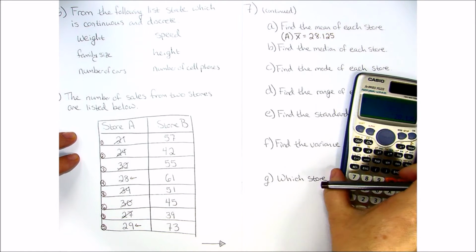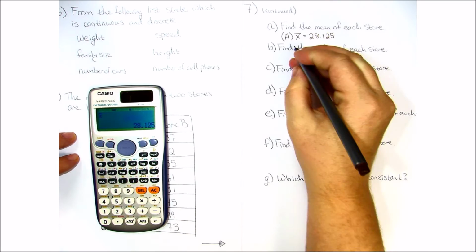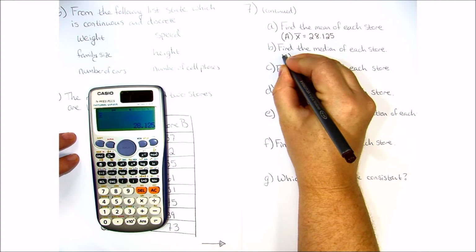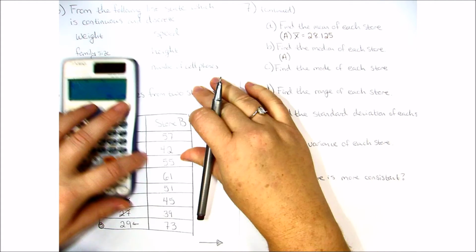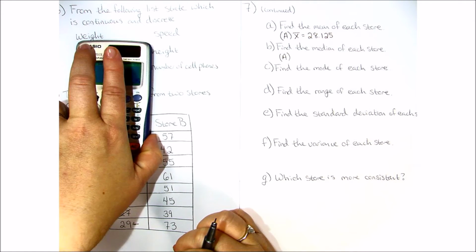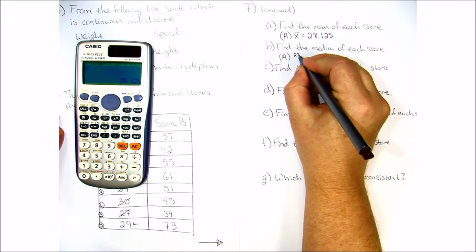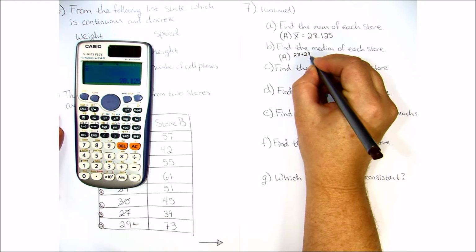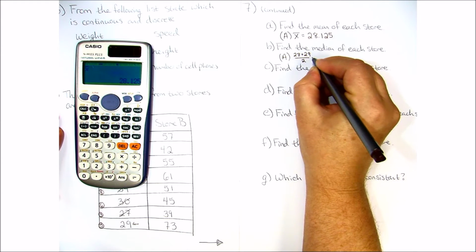When we have 2 choices, we need to find the average. So the median for A is choice 4, which is 28, and choice 5, which is 29. 28 plus 29 divided by 2.